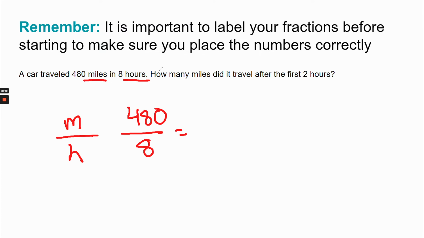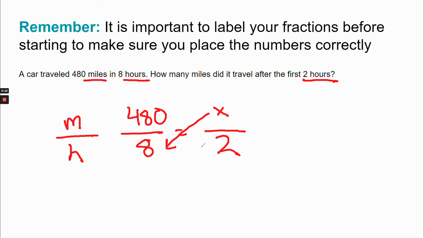And our question is, how many miles did it travel after the first 2 hours? So how many miles did we travel after the first 2 hours? So I'm going to think, where should I put my 2? It's going to go in the denominator because 2 is hours.